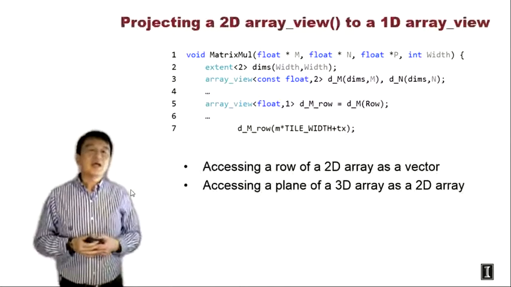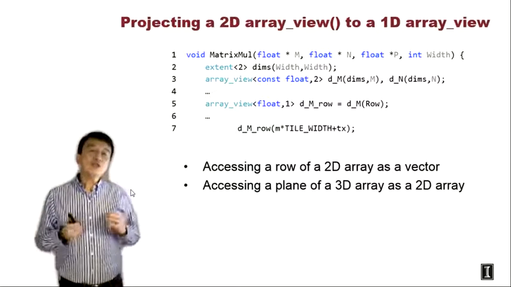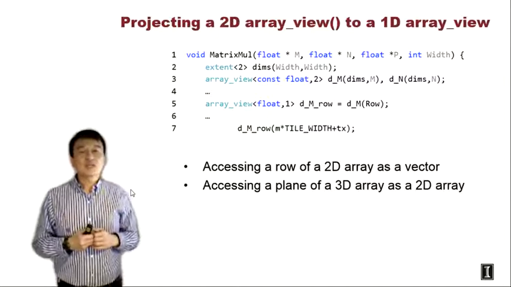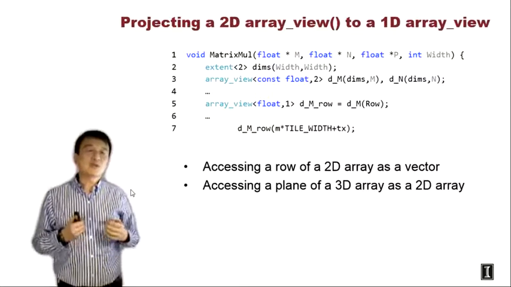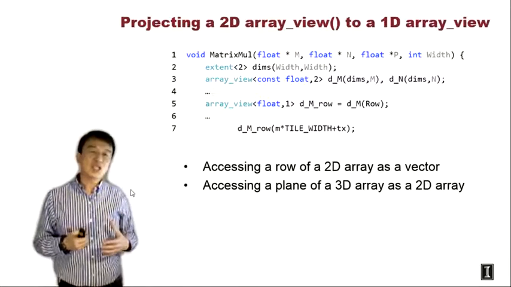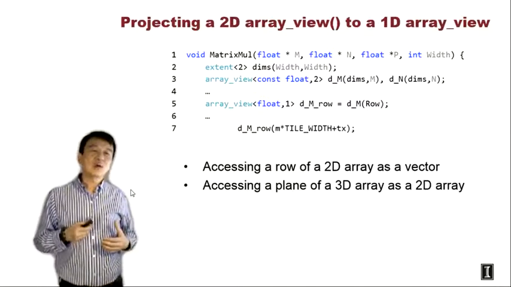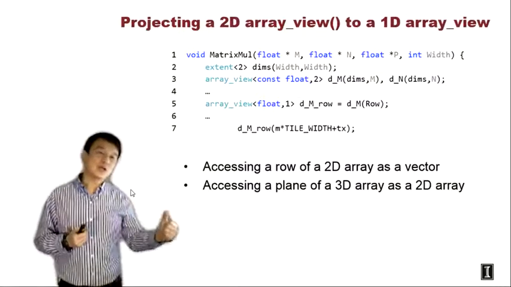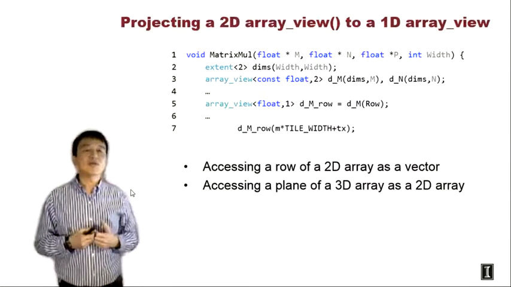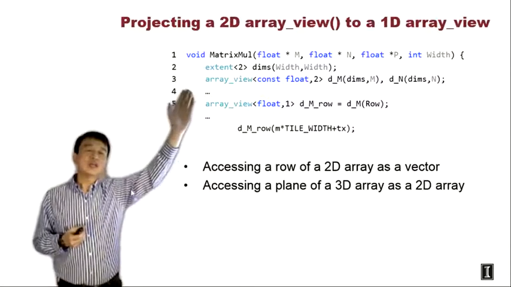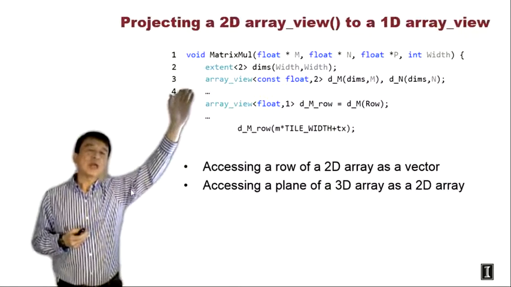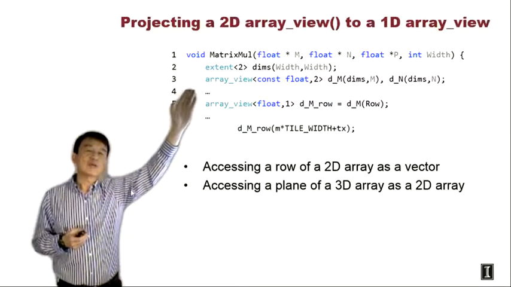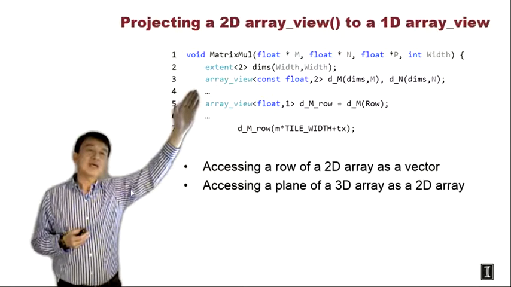One of the interesting and useful features of array view is that we can use it to project a 2D array view into a 1D array view, or in some cases we can project a 3D array view to a 2D array view or even a 1D array view. So here we show the matrix multiplication, and we still show the part of the code where we declare dm and dn.